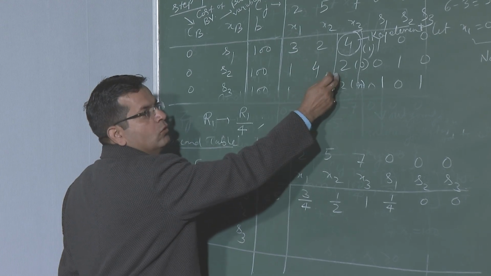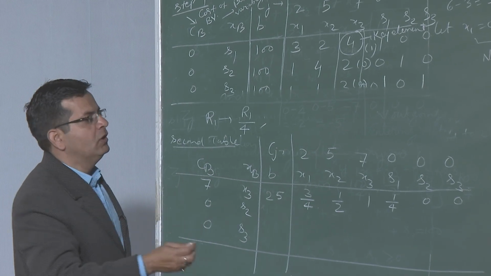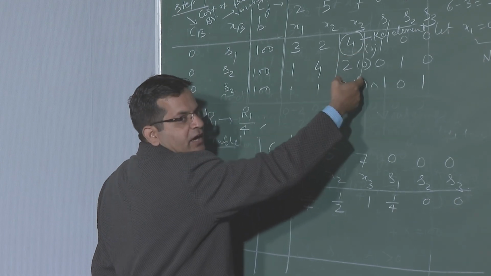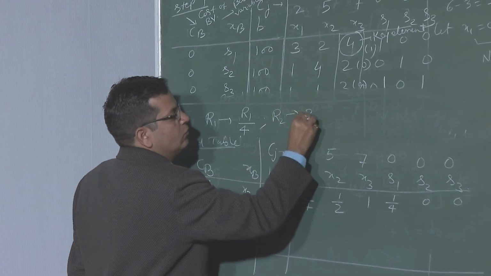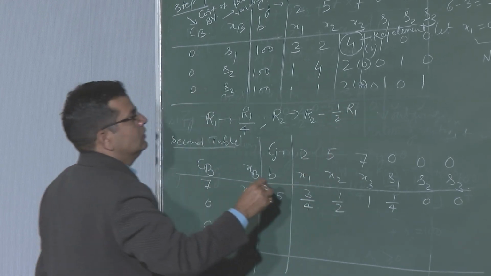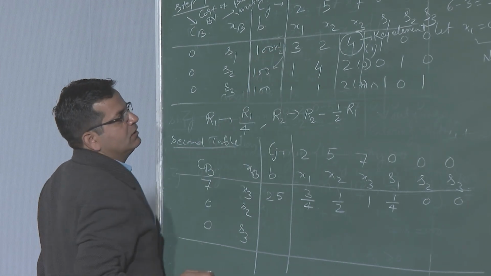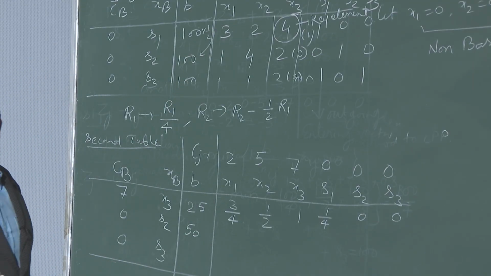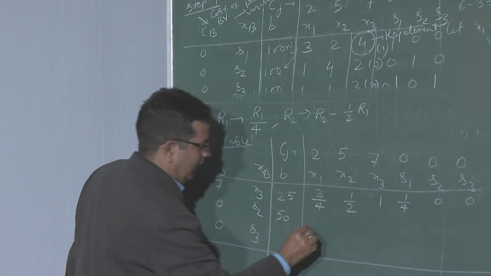Now, I want to make 2 into 0 with the help of the key element only. So, how can we do it? I will multiply the first row by 1 by 2 and subtract it from the second row. So in the next row I will do the operation R2 minus 1 by 2 R1. When I multiply the first row by 1 by 2 and then subtract, we have 50, then 3 into 1 by 2 is 3 by 2, and 1 minus 3 by 2 is minus half.